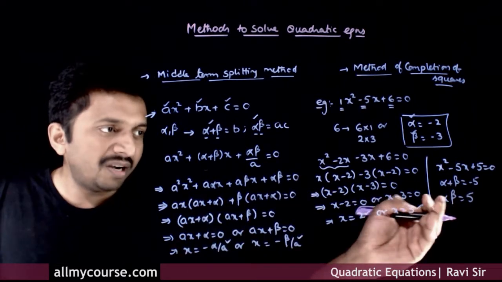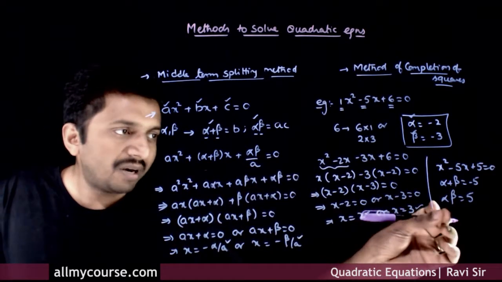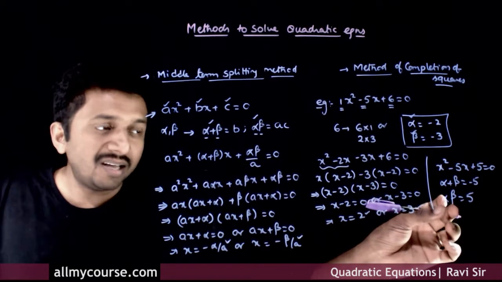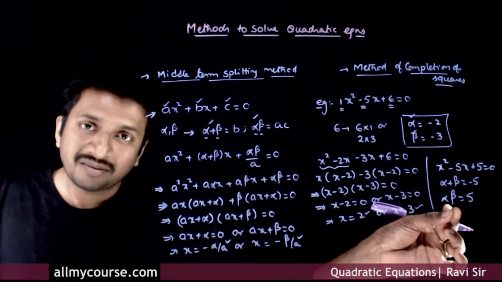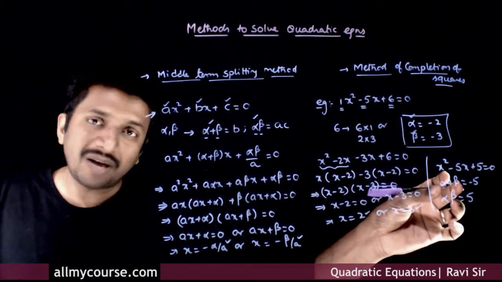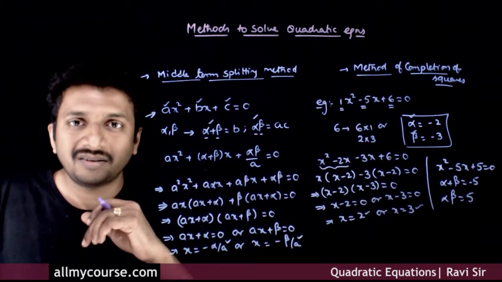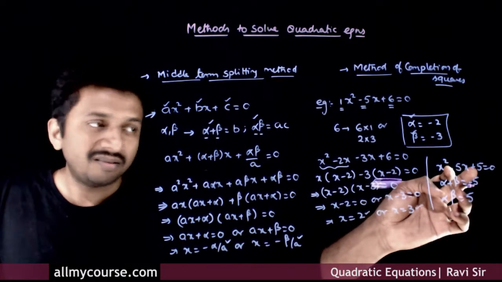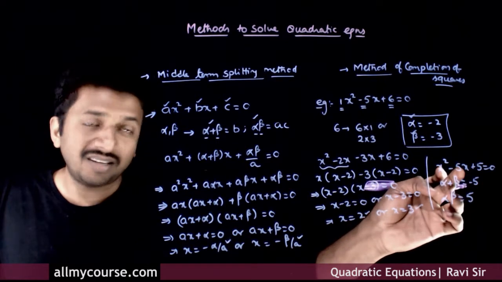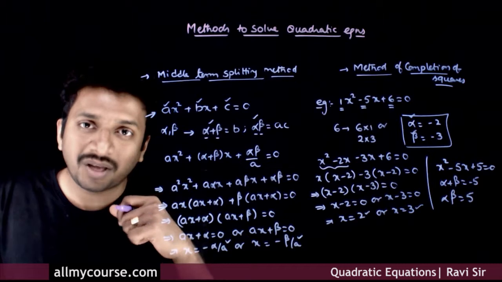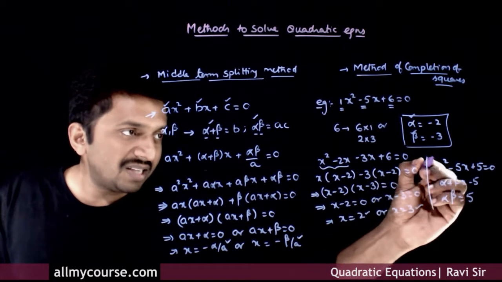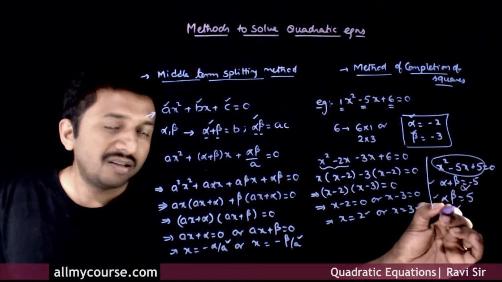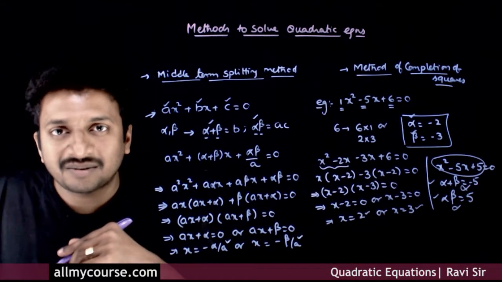So 5 can only be written as 5 into 1, but 5 plus 1 becomes 6, and minus 5 into minus 1 gives minus 6. If you had minus 6 here, then it would have been okay. But for these numbers, finding alpha and beta is a very difficult task.